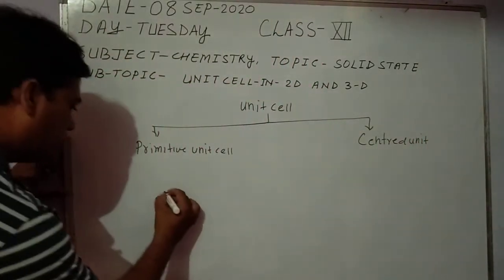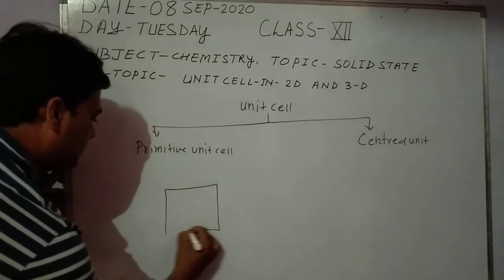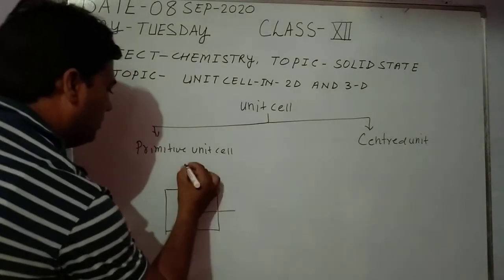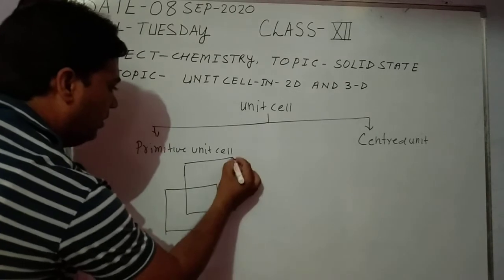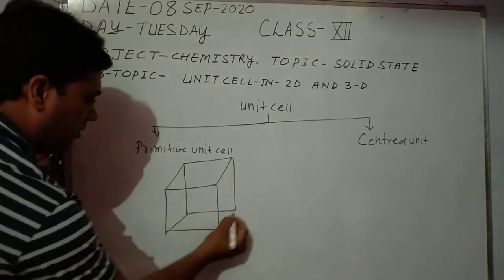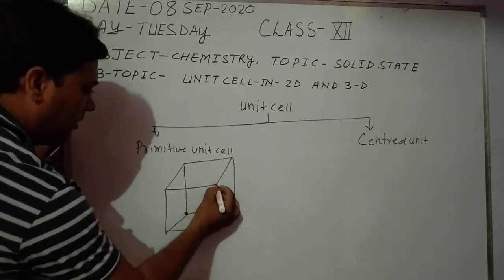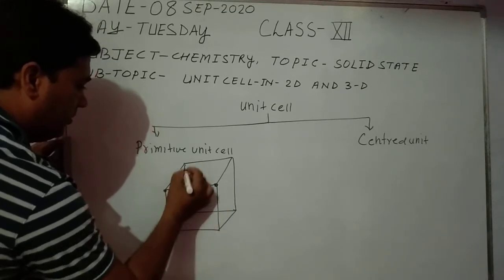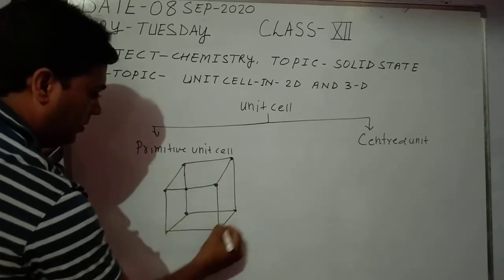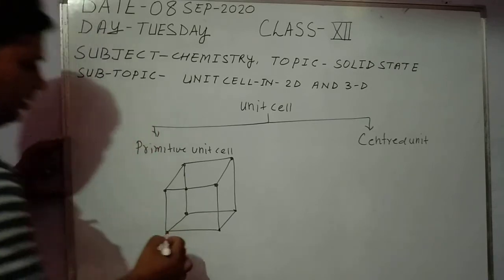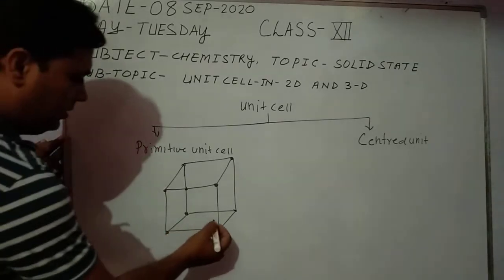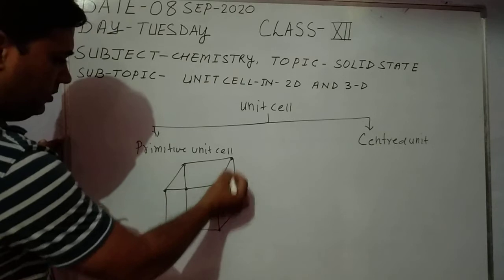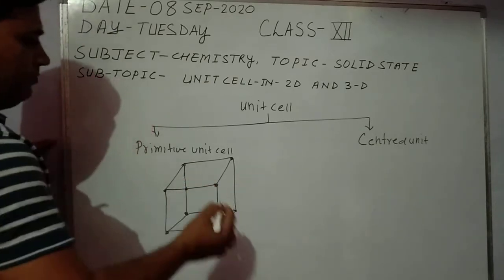In primitive unit cell, the lattice point is present at the corner only. 1, 2, 3, 4, 5, 6, 7, 8.